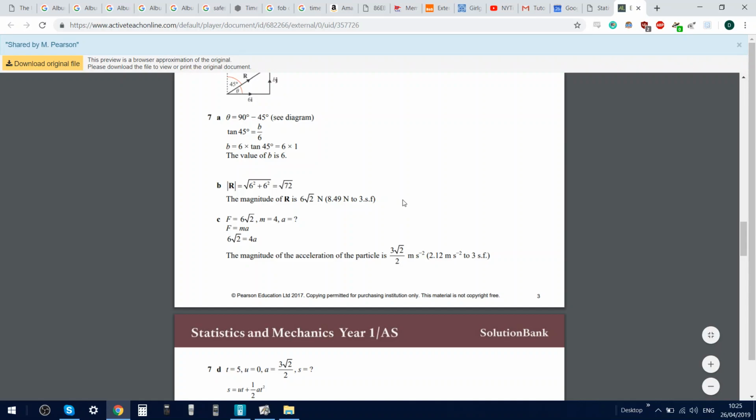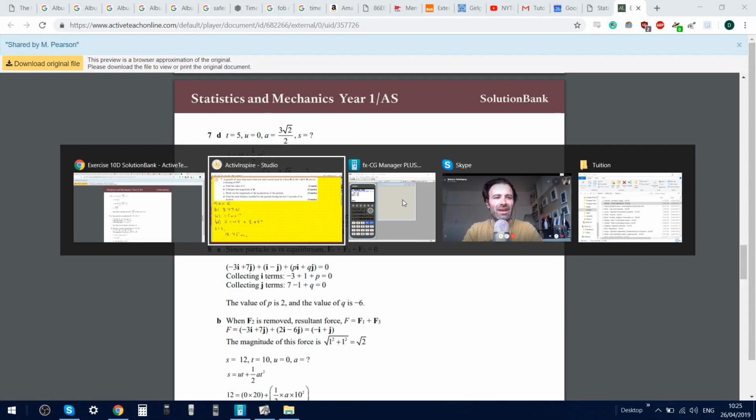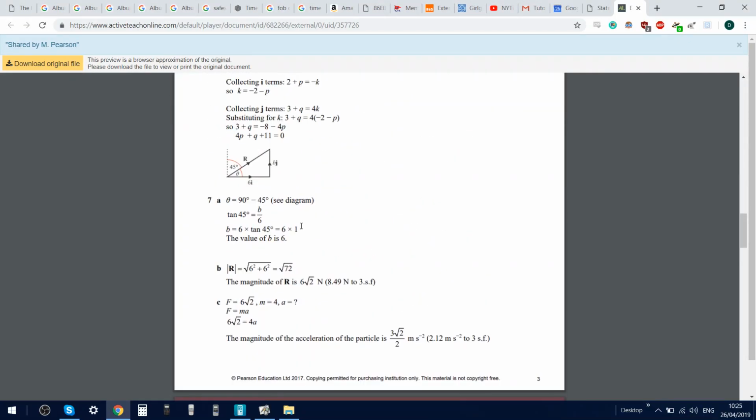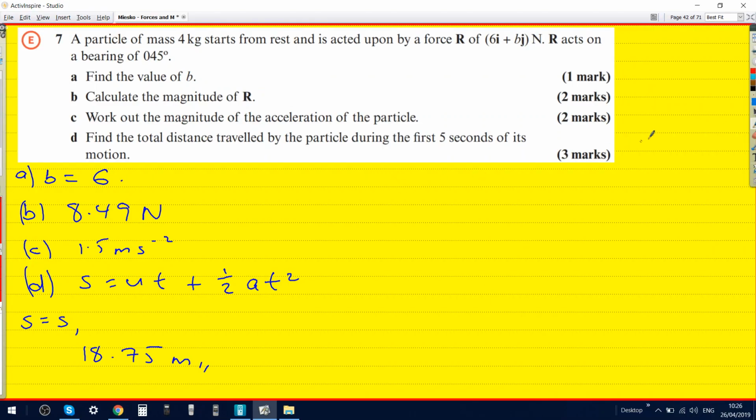Am I in the right place? Hang on. So B is 6, that's right. Then 8.49, that's right. A was 2.12. So hold on.